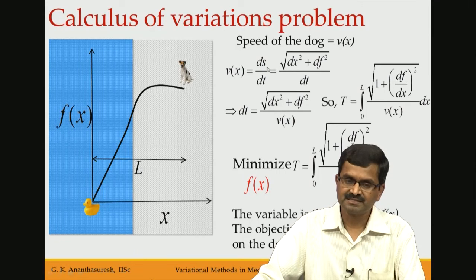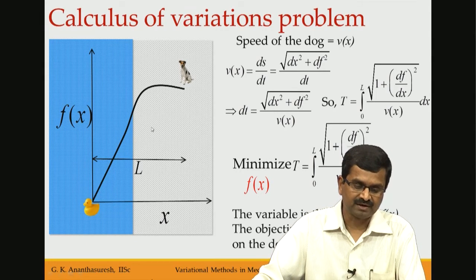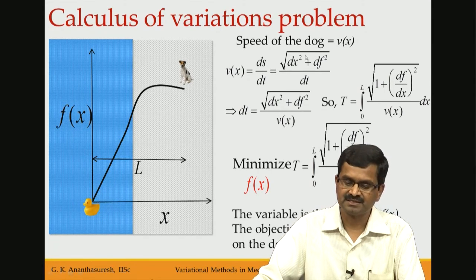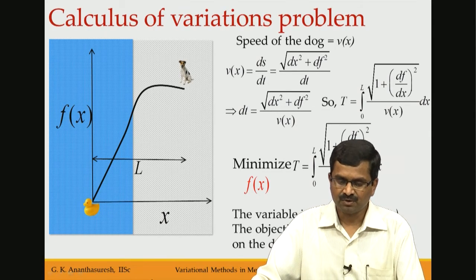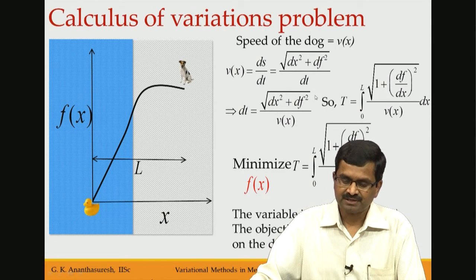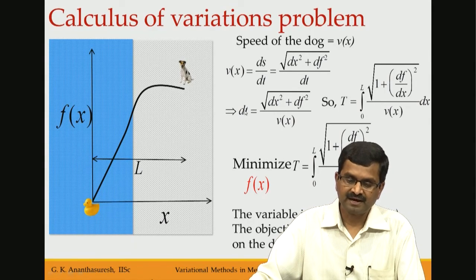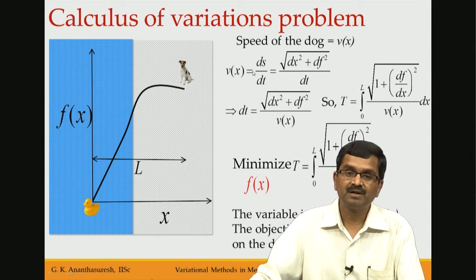That ds can be written, using Pythagoras theorem, as square root of dx square plus df square, where f is a function that I am taking. If I take any little element, there will be a vertical df and then dx, and ds is that. So, square root of dx square plus df square. Take this speed and try to find the time dt to traverse a small ds.